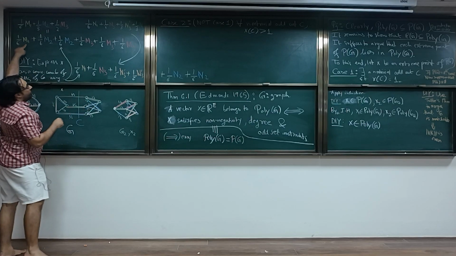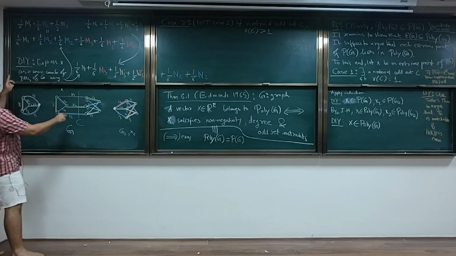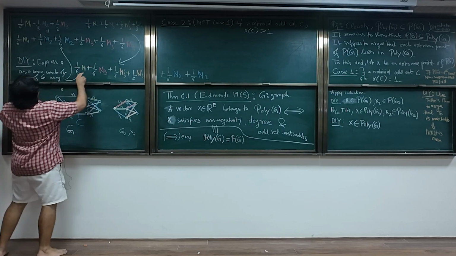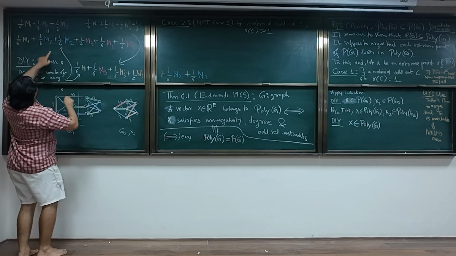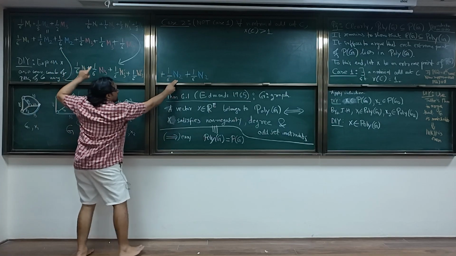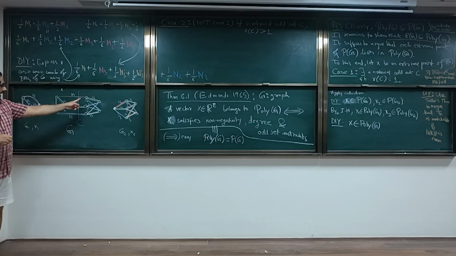So observe that the yellow simply combines with the yellow because they use a common edge. So I get this plus this and I get that part. Now for the blue, I have 1/6 times M2 plus 1/6 times M2. I have 1/6 times N2 plus 1/6 times N2. So that gives me 1/3 times all the blue edges.